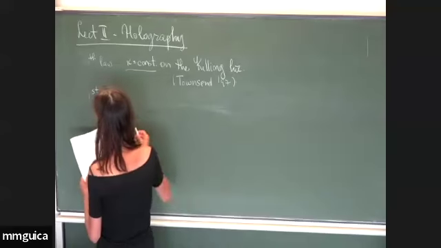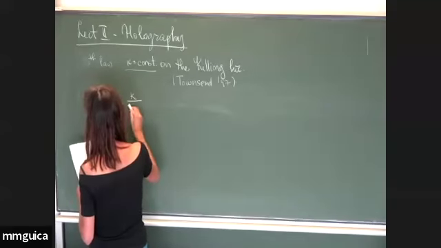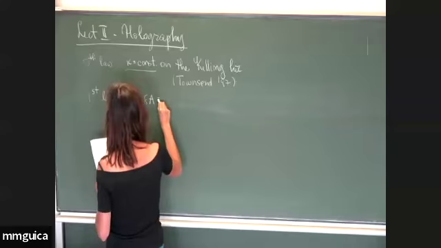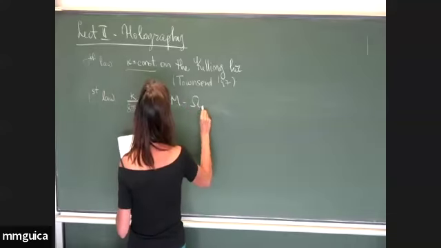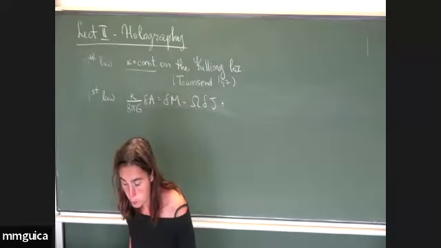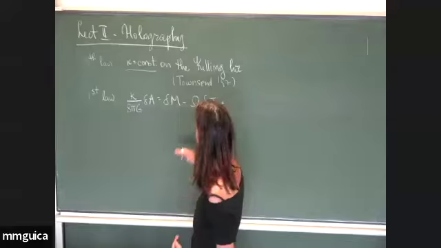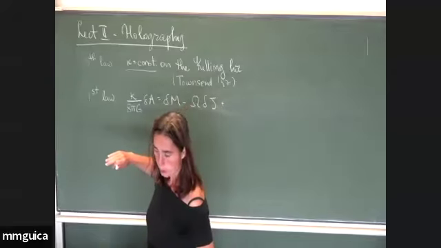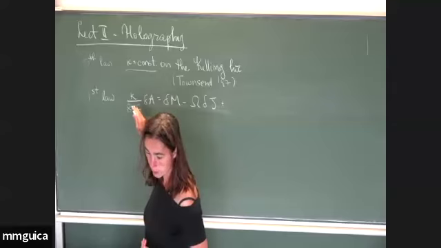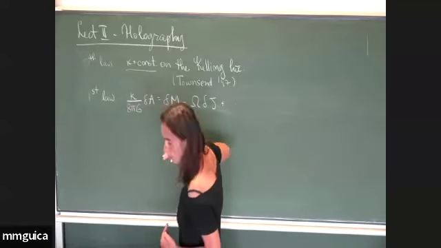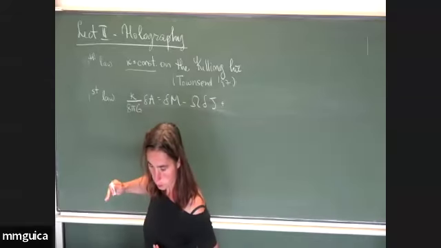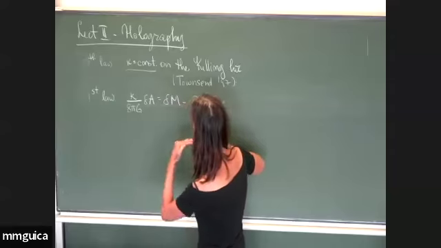It relates the change in the area of the horizon, with precisely this factor of the surface gravity, to the change in mass minus omega delta J plus whatever other terms you might have if you have a charged black hole. And this law, as I was trying to show, is derived using Einstein's equations.